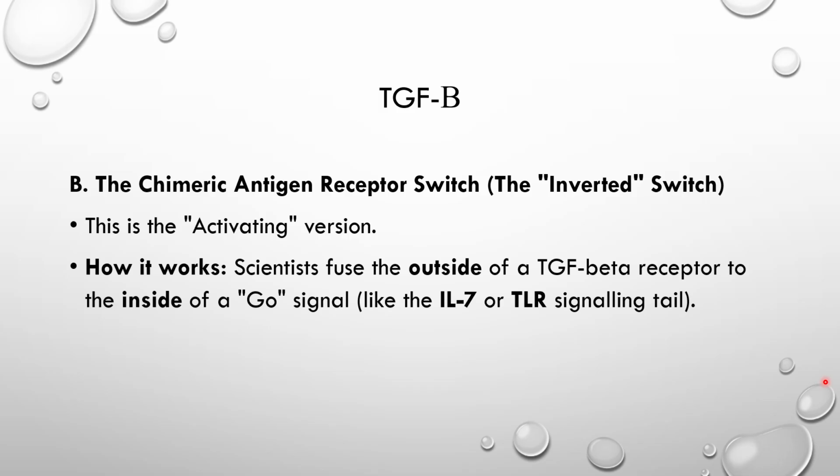If you wire IL-7, the TGF-β environment acts like a constant growth hormone, so it keeps your T cell alive and young, even when the T cells are not currently fighting the cancer. So it's a better option than to just use the CD3 zeta or the CD28. That's what I found, and that's what I'll be going with.